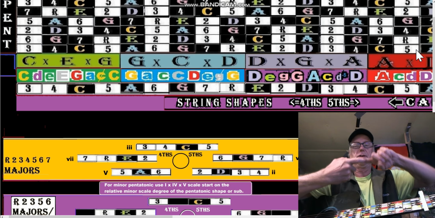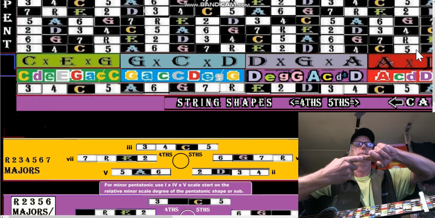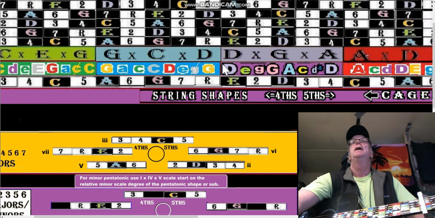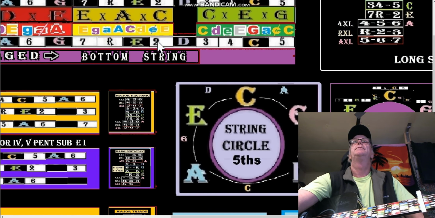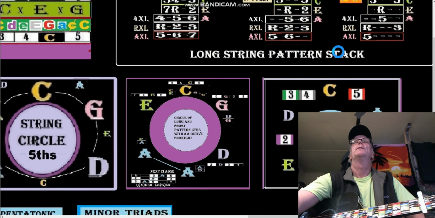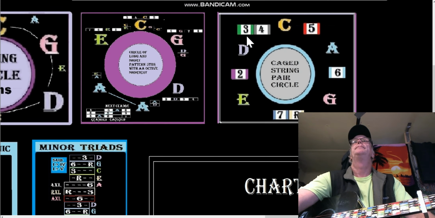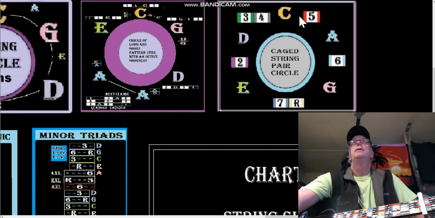And they're interlocked. The C is interlocked with the A by the 5. I have that way over here. The A is interlocked with the G by the 6. So C is 3, 4, 5.